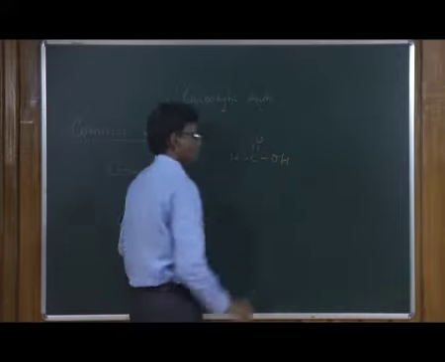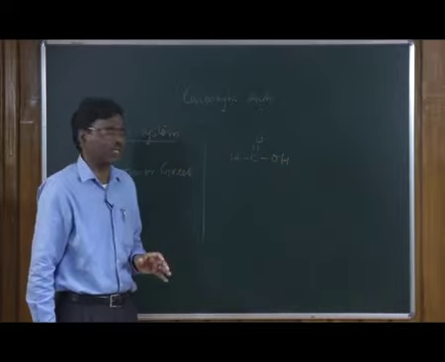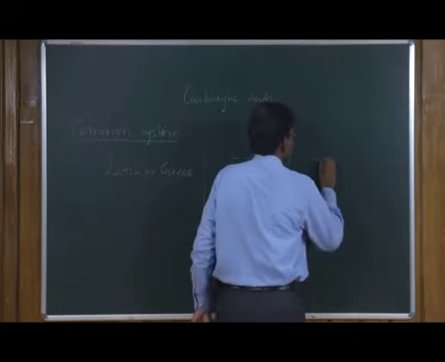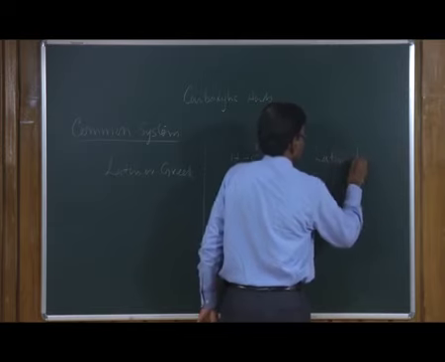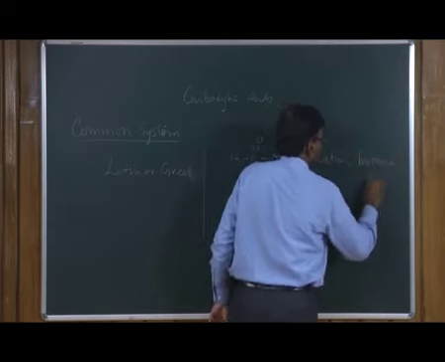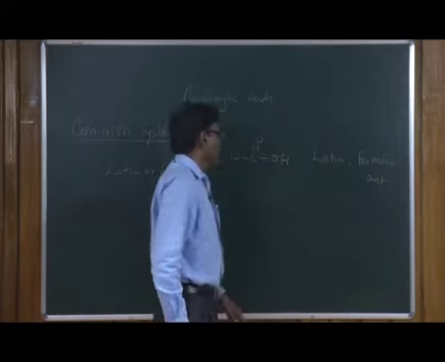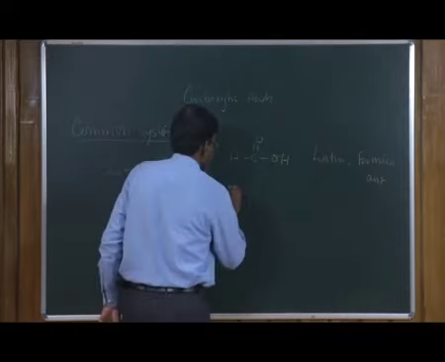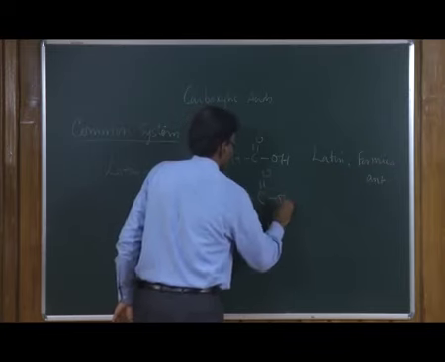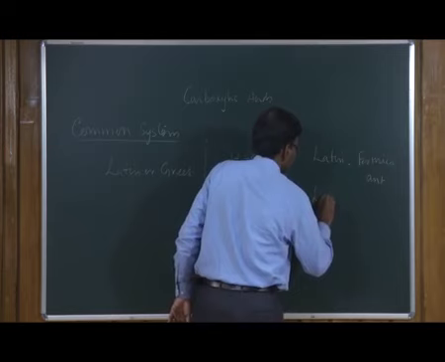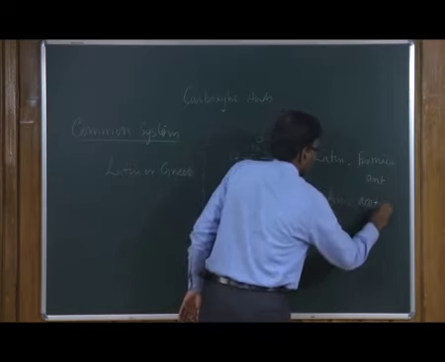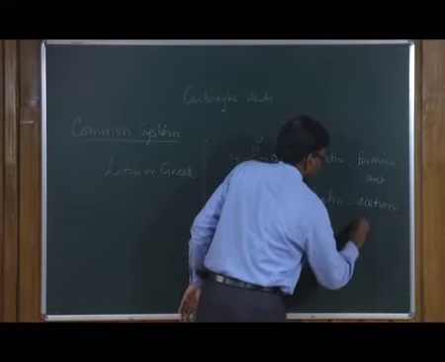This is the first of this series of carboxylic acids, and the Latin word is formica, that means ant. So next is acetic acid. In Latin it is acetum, that means vinegar.